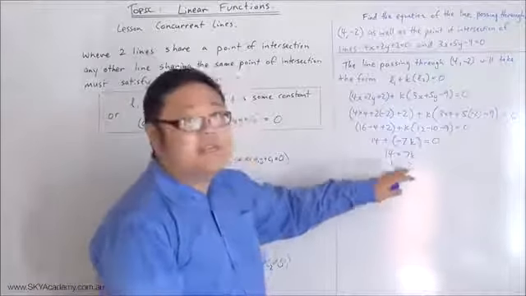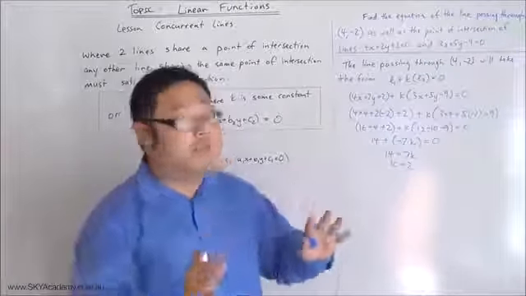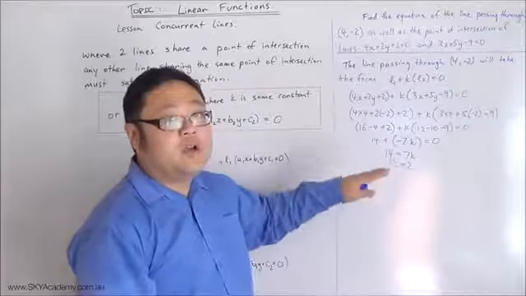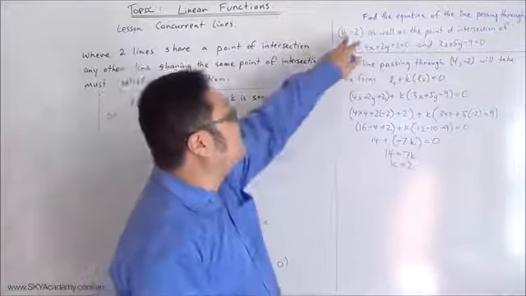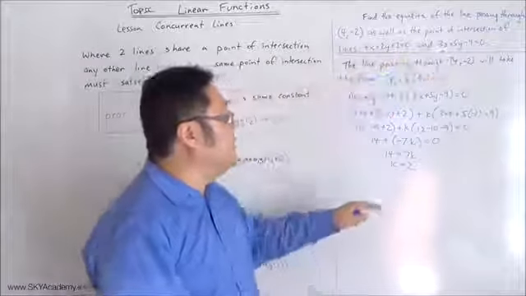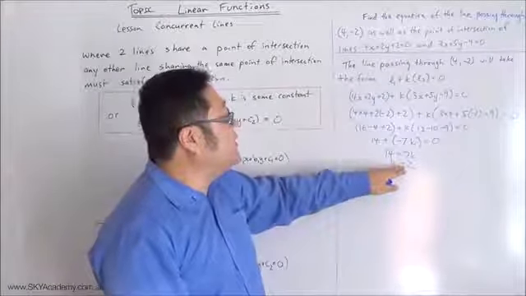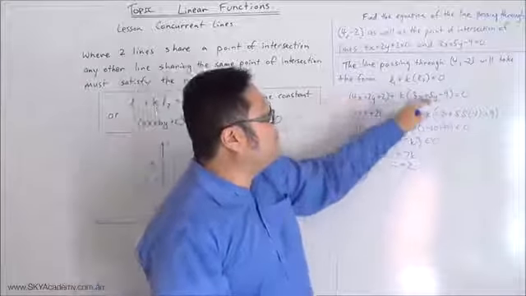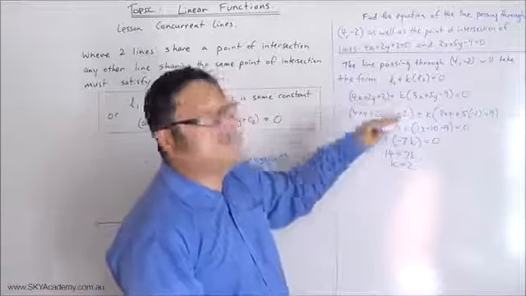Okay. So once we've worked out that k is equal to 2, it's really simple. We know that the line that passes through (4, -2), also passing through the point of intersection of these two, will be the equation of this line where we substitute 2 for k.